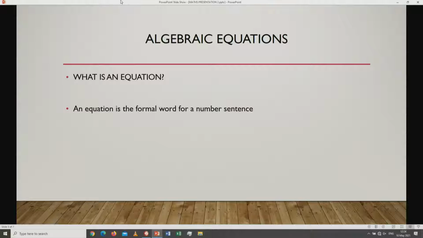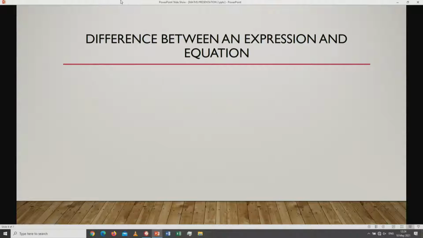As you go through to other grades, grade 8, grade 9, grade 10, and so forth, you will no longer be familiar with the word number sentence because you'll be more familiar with the formal word, which is an equation. So we are going to touch on that a lot.